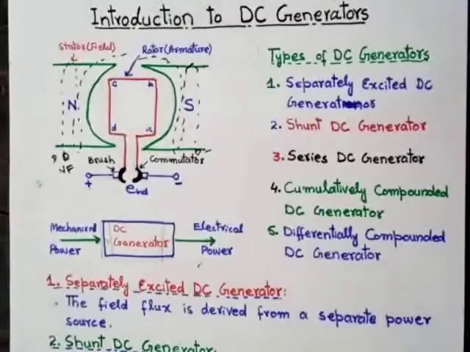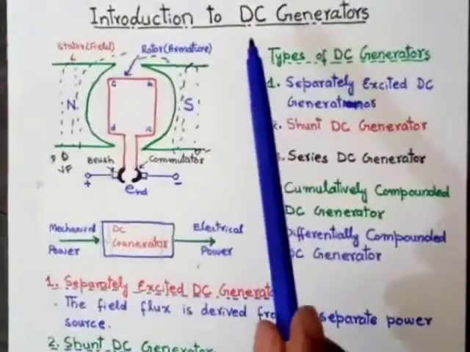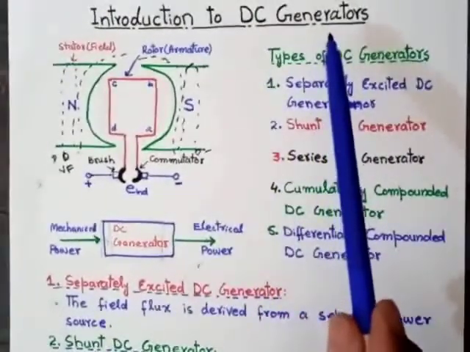In the last week's lectures, we discussed the speed control methods of DC shunt motor and also solved some numerical problems. In this lecture, we will have a look at DC generators.